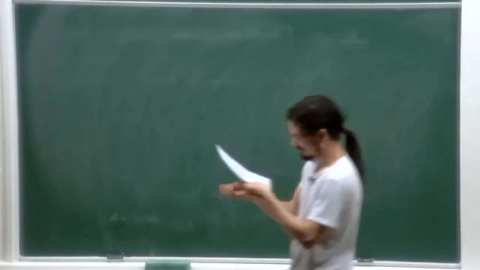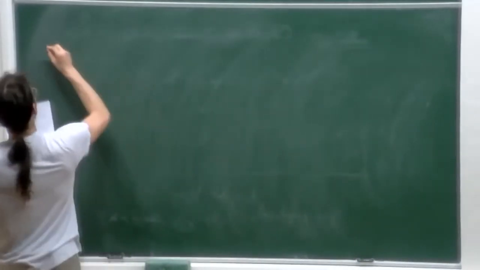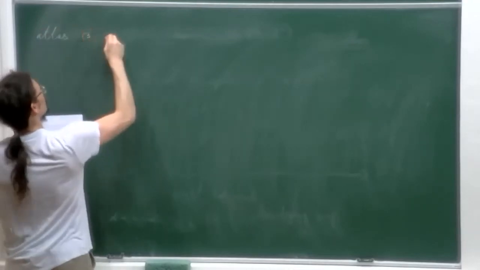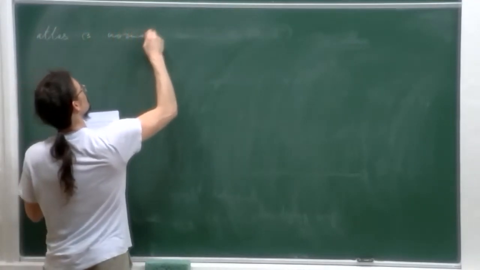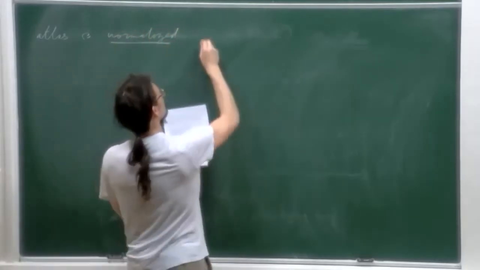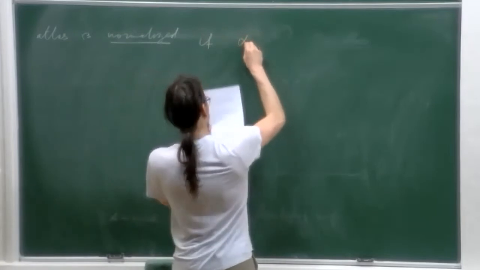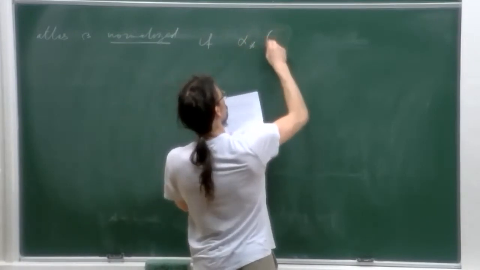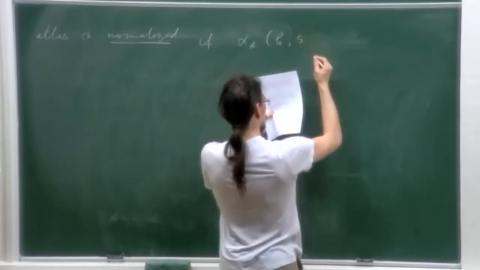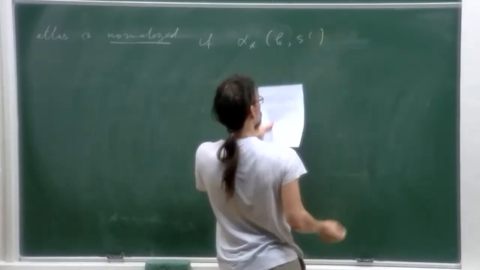So what you can say is that the atlas beta is normalized if this transition map is trivial for all degeneracy maps.